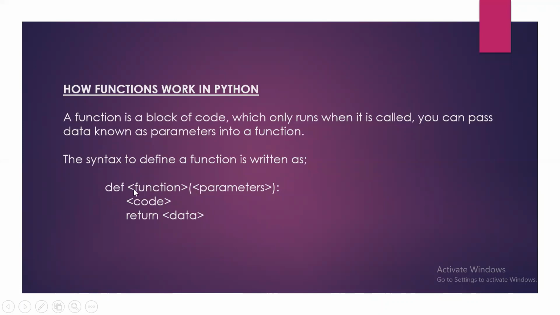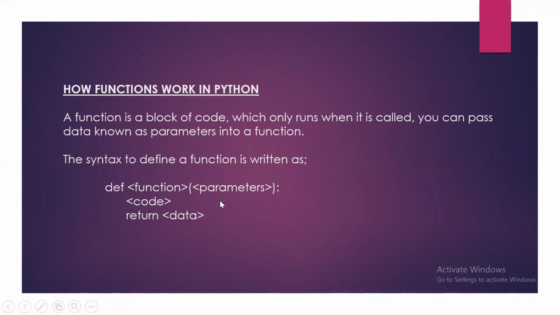So we define a function which performs a specific operation on these parameters, and the operation to be performed on these parameters is defined in this code, and it returns the result which is generated by this code, and that result will be our data.